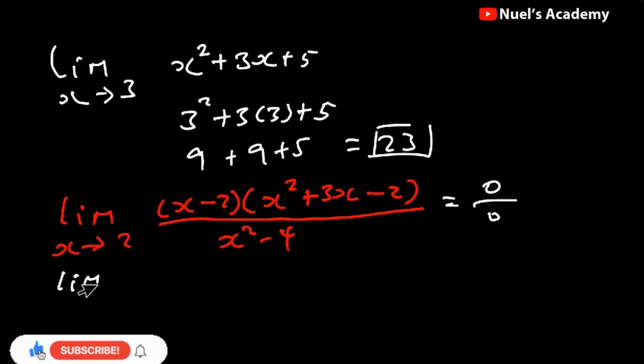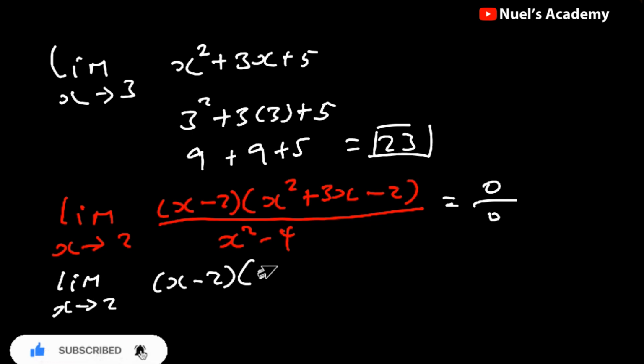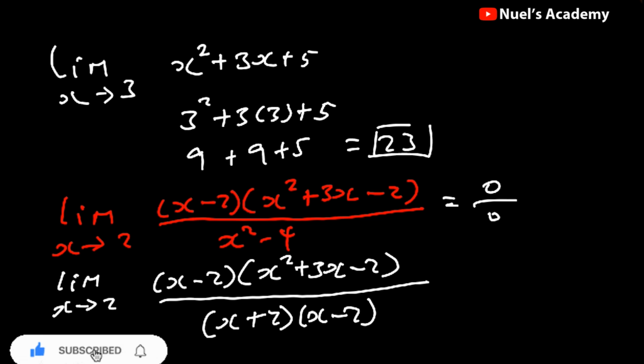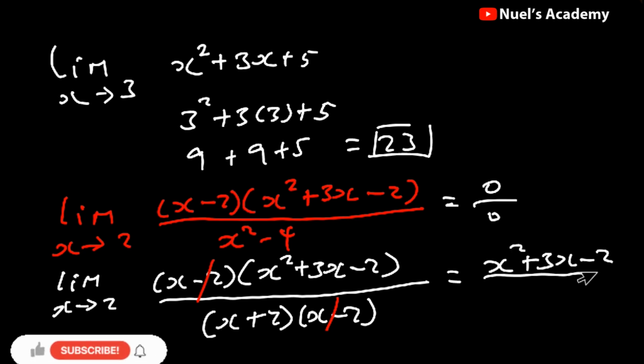So we have limit as x approaches 2 of x minus 2, and this can be factorized. Then we apply the formula for difference of 2 squares here. It's going to be x plus 2 times x minus 2. Now this and this have cancelled. We'll be left with x squared plus 3x minus 2 over x plus 2.